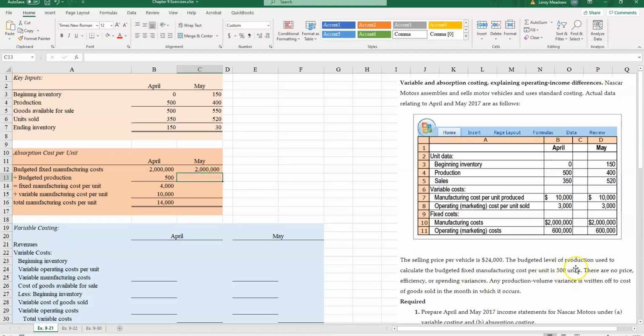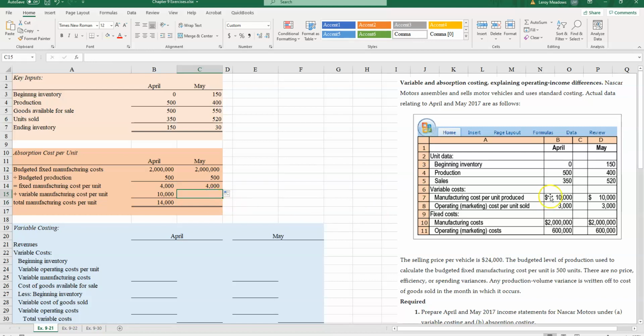We're told in the problem that we're budgeted to make 500 units. So I'm going to spread that 2 million over 500 units. And what do I get? I get $4,000 of fixed manufacturing costs per unit under absorption costing.